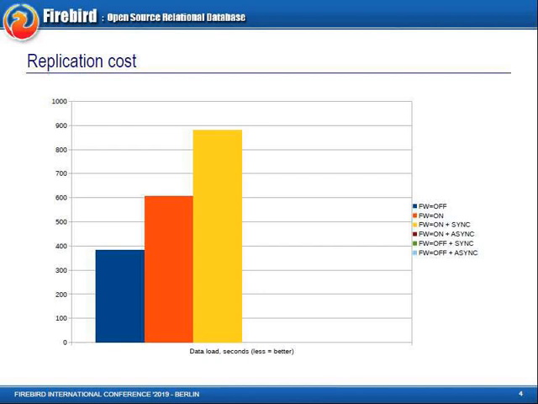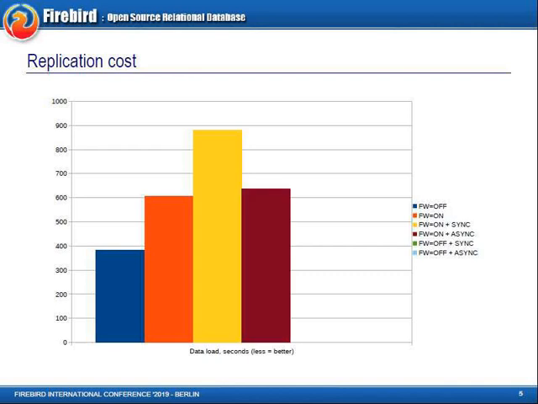So actually the I/O is doubled, on the master side and on the replica side. But as you see, the difference is not twice, it's smaller, because of the way the replication protocol is implemented and optimized to reduce different overheads. So the difference is significant, but not twice.